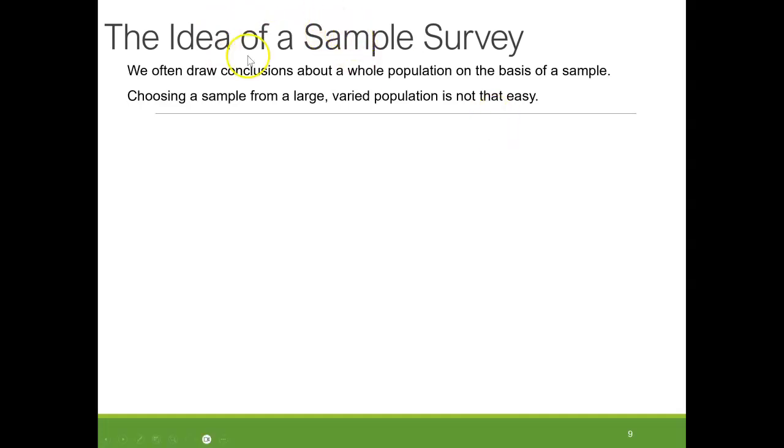So the first is going to be how to choose your sample. The goal is you want a representative sample. You want your sample to basically have all the same attributes as your general population. So if you're doing a political survey, you'd want your sample to have the same political leanings as your population, the same amount of right and left wings.